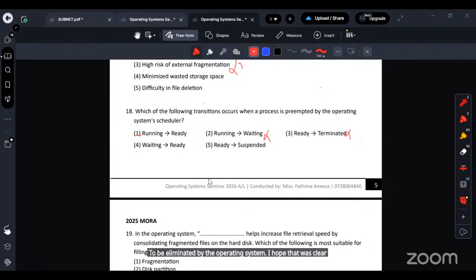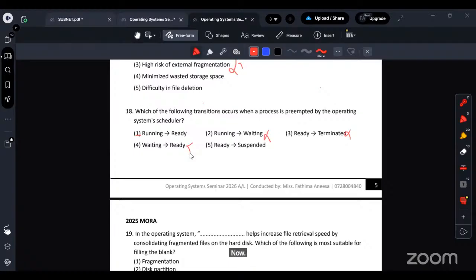Waiting to ready occurs when the event a process was waiting for, like an input output task, is completed. So this is a key transition, not a preemption. The process is becoming eligible to run again, not being kicked off the CPU.